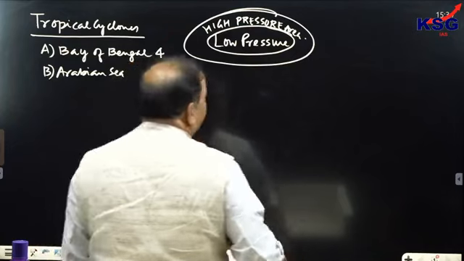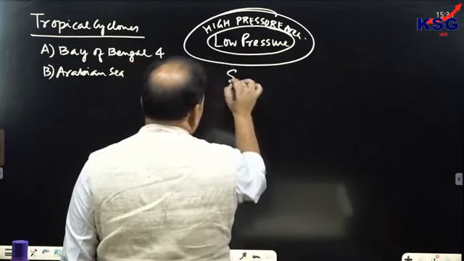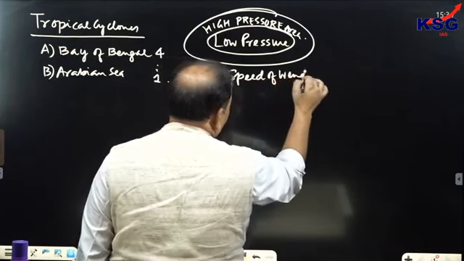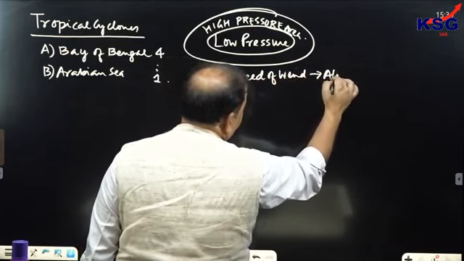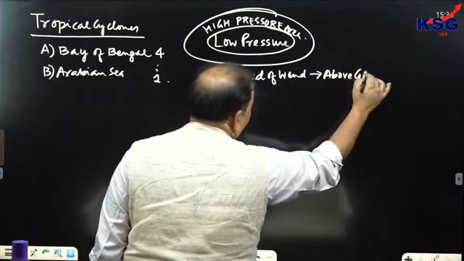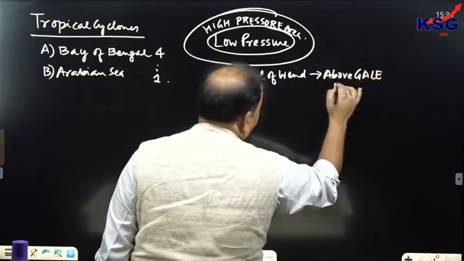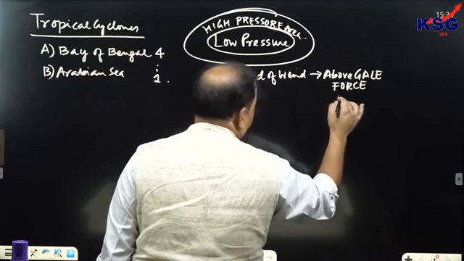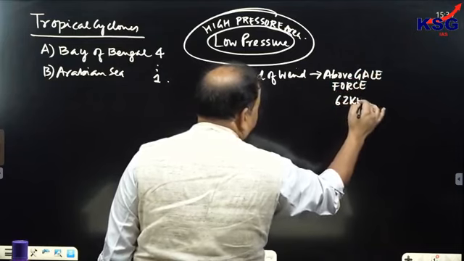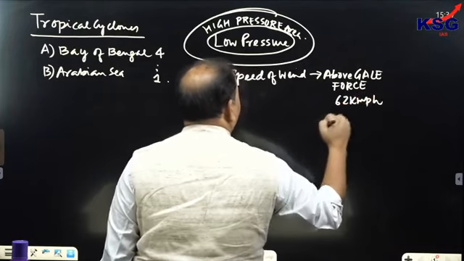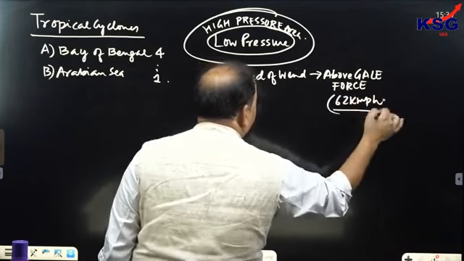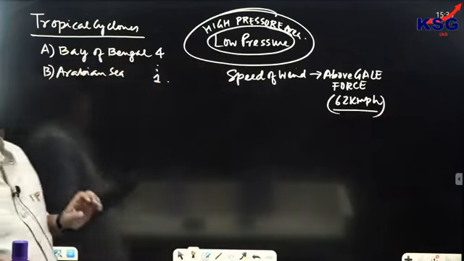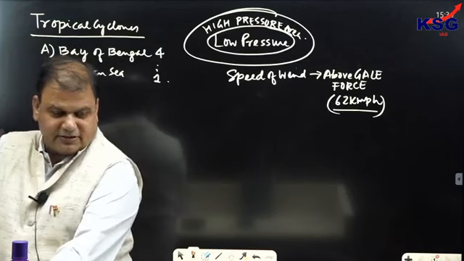And the condition is that the speed of wind should be above gale force. And gale force is 62 km per hour. Clear? So the speed of the wind should be above gale force. Then only it can be called a tropical cyclone. Clear?